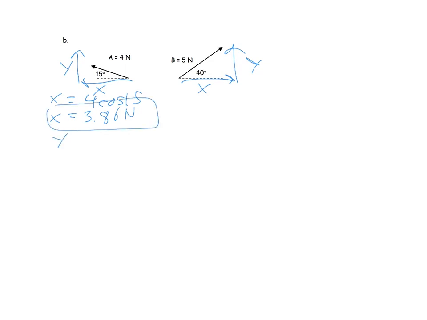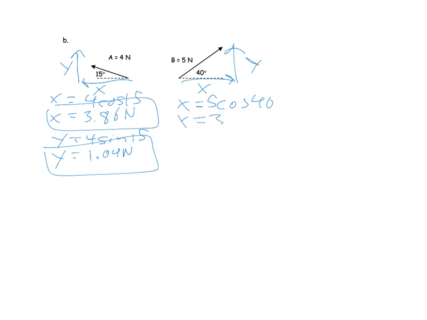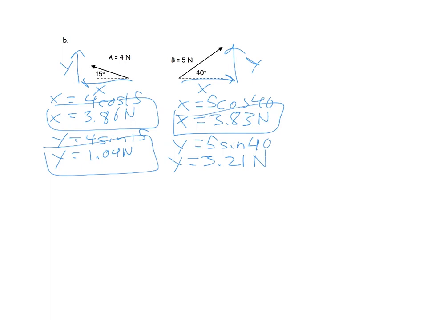And the y component is going to be 4 sine of 15, so I get that the y component is equal to 1.04 newtons. Okay, moving on to the other vector, b, the x component is going to be 5 cosine 40. So I get that that's equal to 3.83 newtons. And the y component is going to be 5 sine of 40. So I get that that component is equal to 3.21 newtons.